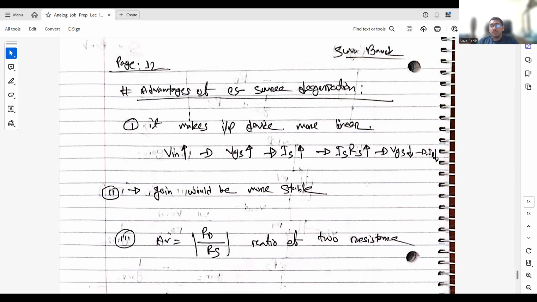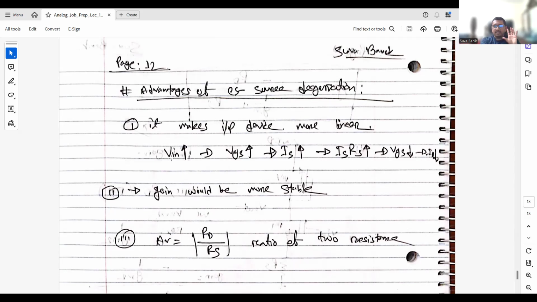If the circuit is more linear, and anything happens at the input, let's say the input dramatically increases or decreases, the circuit is configured in such a way that it will fix it immediately. Or you can also follow this relationship here.